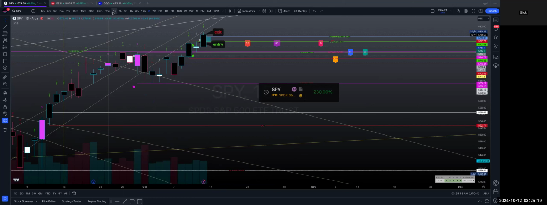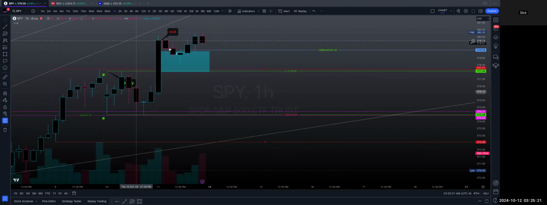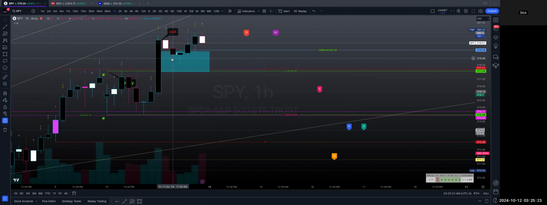Probably more than likely would have stopped out basically right here, right below our entry, just to be on the safe side, because that'd have been a pretty nice drop. That would have been a $2 loss, and we weren't going for that.